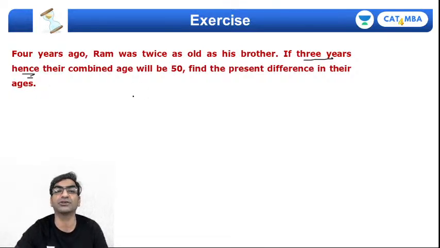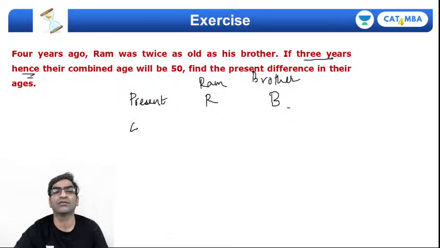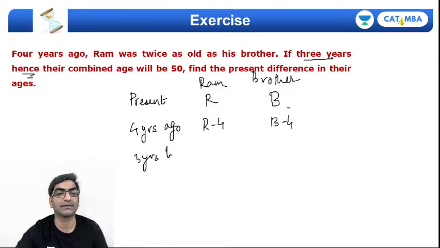The way we'll solve such a question, you'll assume the present ages. Let's say Ram and his brother are denoted by variables R and B, right? So at present, if they are R and B, then 4 years ago, we'll say R minus 4, B minus 4, right? And 3 years hence, R plus 3 and B plus 3, okay?